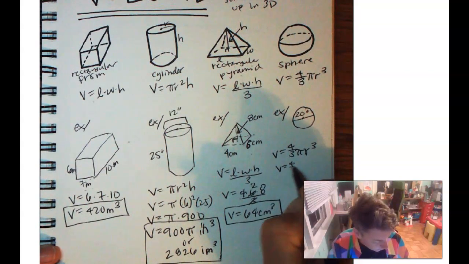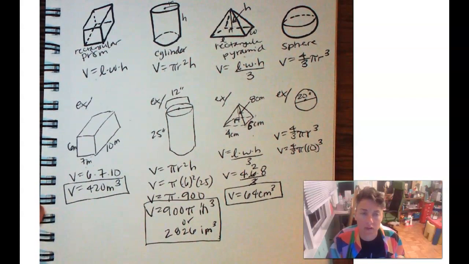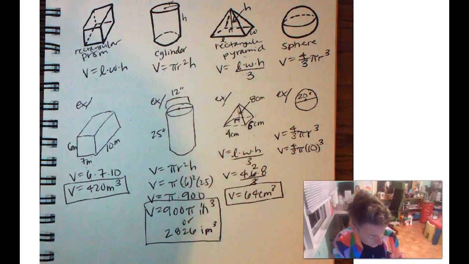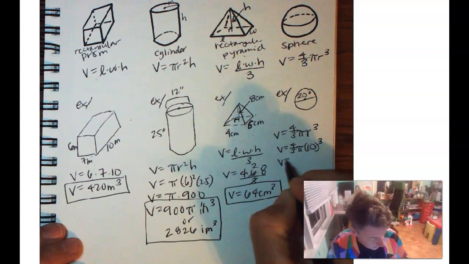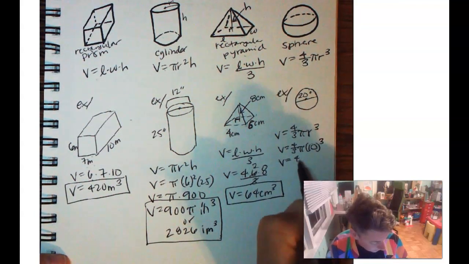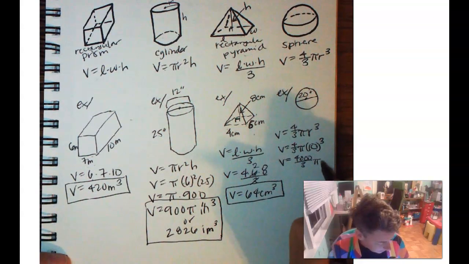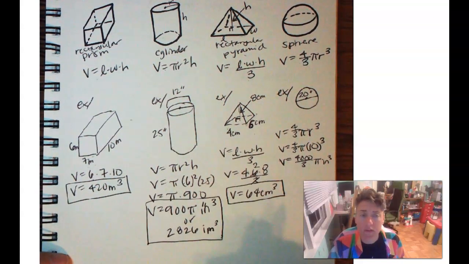So we've got 4/3 pi times 10 cubed. And we know 10 cubed is 1,000. So we have V equals 4/3 times 1,000, which will be 4,000 over 3 pi inches cubed.